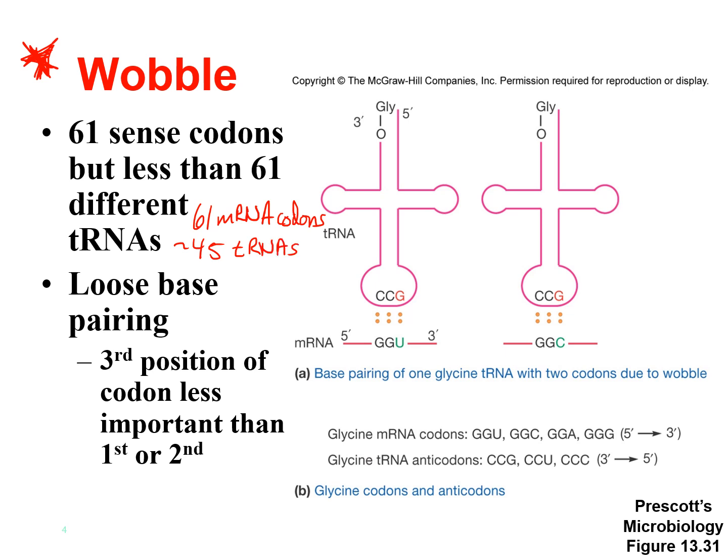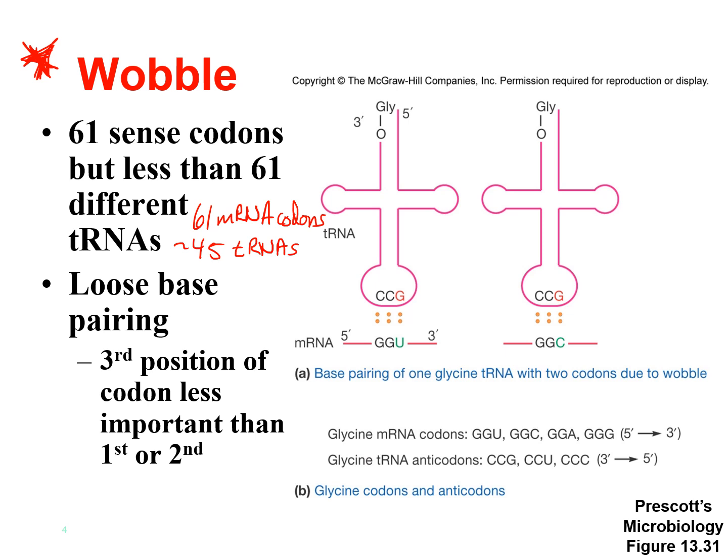So the numbers don't match up. So what that means is that some of these transfer RNAs are actually binding to more than one messenger RNA codon. Okay, so let's just take a look at how this works.